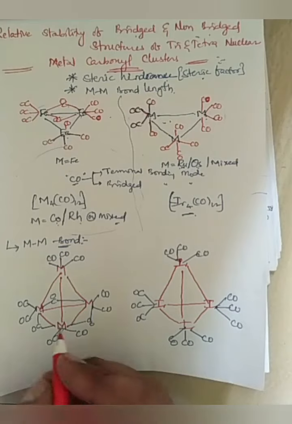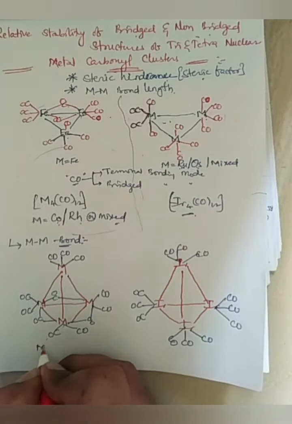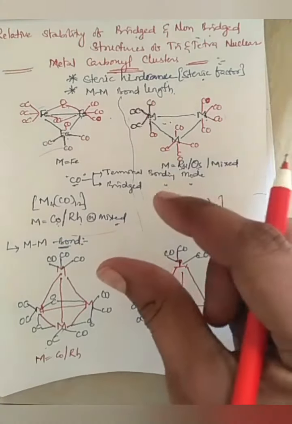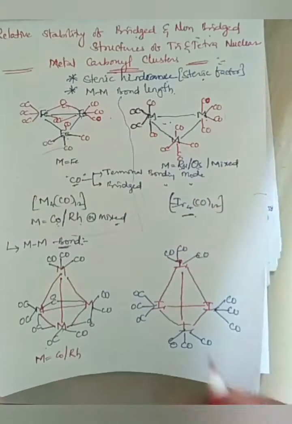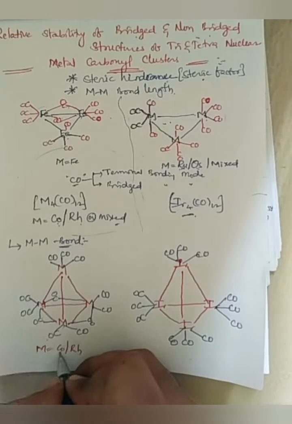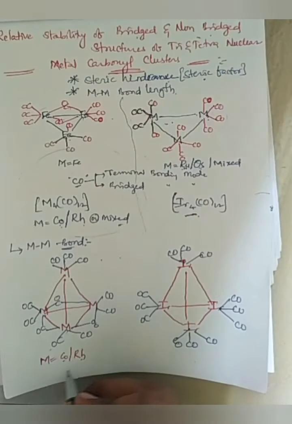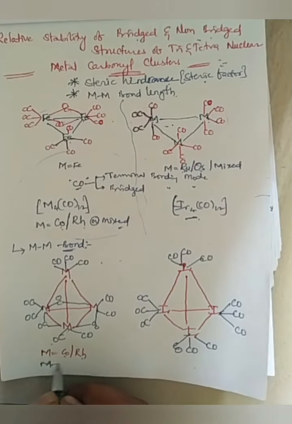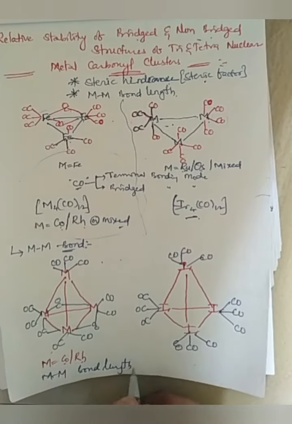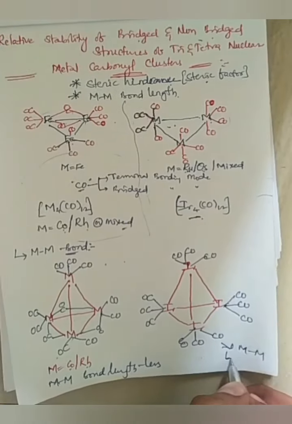Again, the size of the metal atom will count here. When the metal is cobalt or rhodium, the size of the atoms is very small compared with iridium. Having smaller atoms, the length between two atoms will be less. The metal to metal bond length will be less, whereas here the metal to metal bond length will be large.